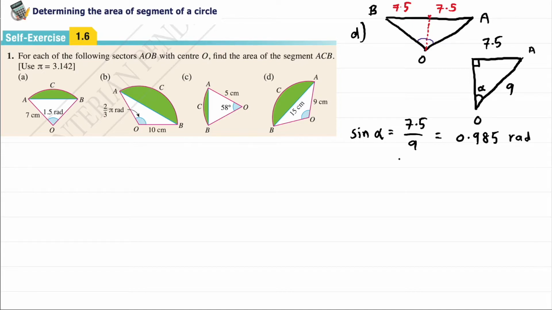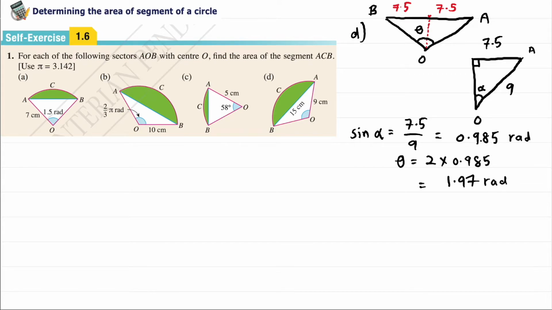So what do you have to do? To get the full angle theta, theta is 2 times 0.985. So this 0.985 is half. If you want to get the full one, times 2, we will get theta is 1.97 radian.